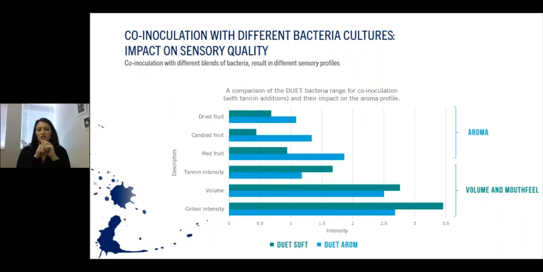So here you can see in the blue bars at the top, the Duet Aroma culture very much driving the fruity aroma profile, and the Duet Soft culture, the green bars in the bottom descriptors, much bigger impact on the tannin intensity, mouthfeel, and volume of the wine. So by using different strains and different blends of bacteria, we can actually decide what way we want to go with the sensory profile of the wine.